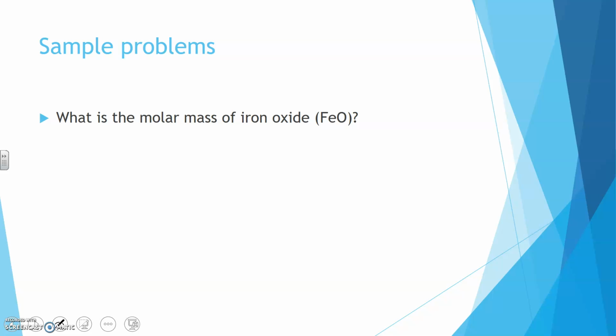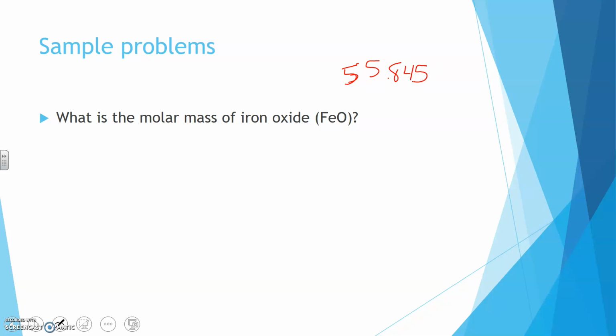Alright, so what is the molar mass of iron oxide? So, start by pulling out your periodic table, finding iron, Fe. You'll see that iron has a molar mass of, for some reason it's not writing, 55.845.